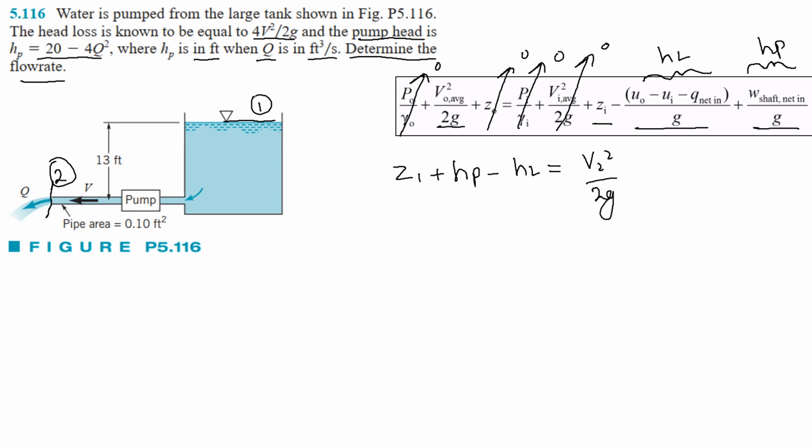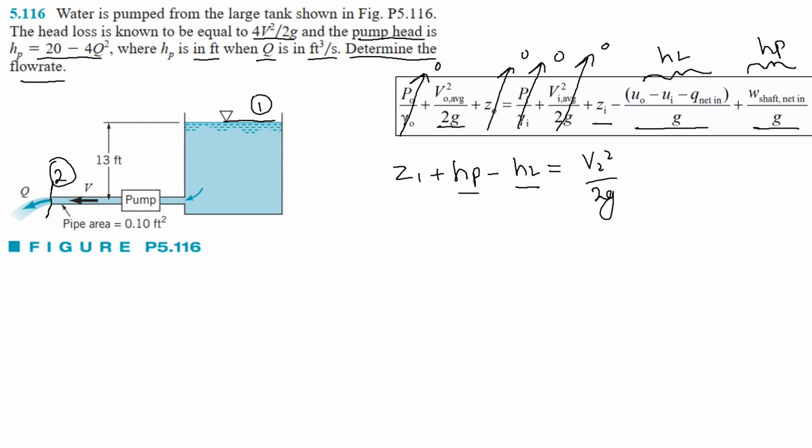So what we are going to do is we are going to put some values here. We know the value for HP, that is given as 20 minus 4Q square. We know our value of HL, that is the pump losses, which is 4v square divided by 2g, and what we are going to do is we are going to write these equations in terms of volumetric flow rate so that we can find our flow rate.